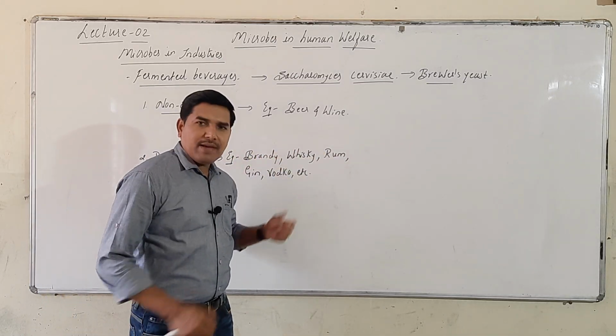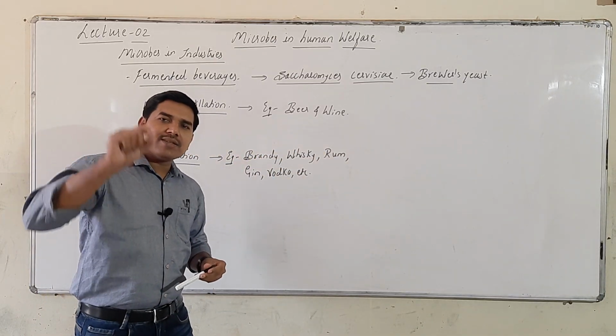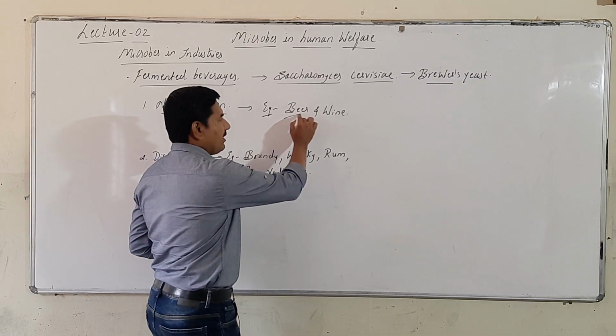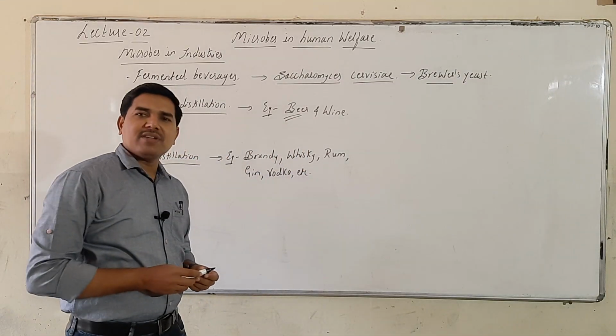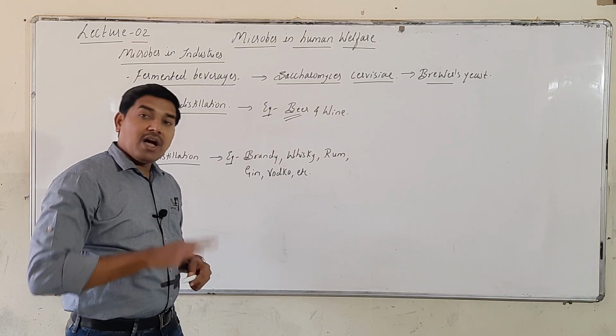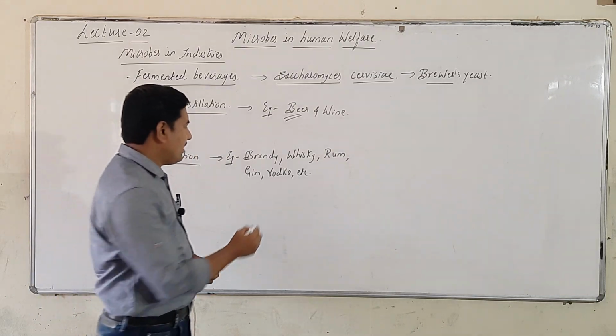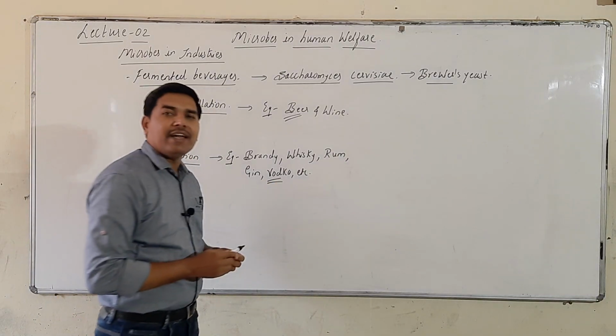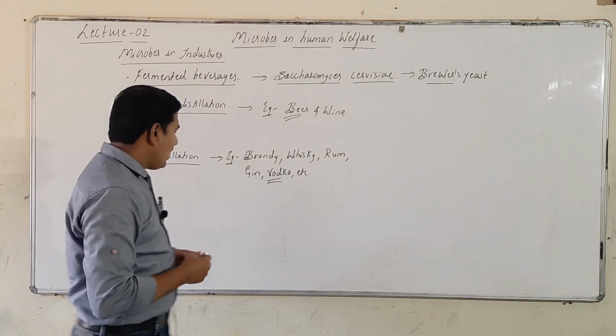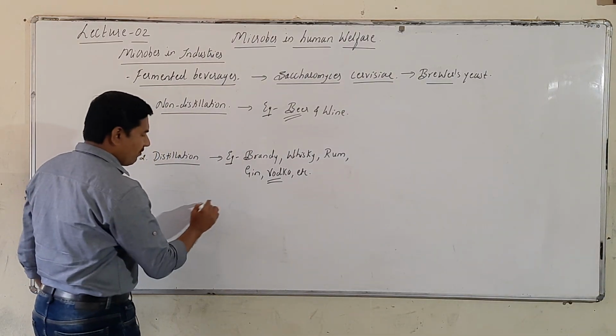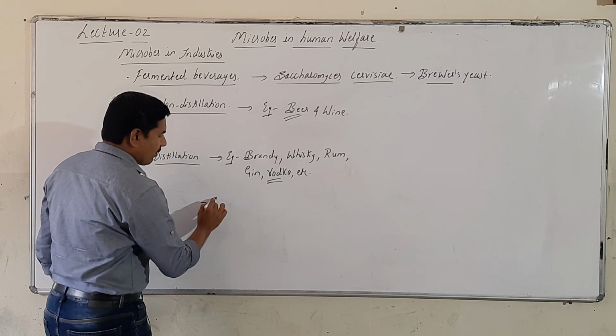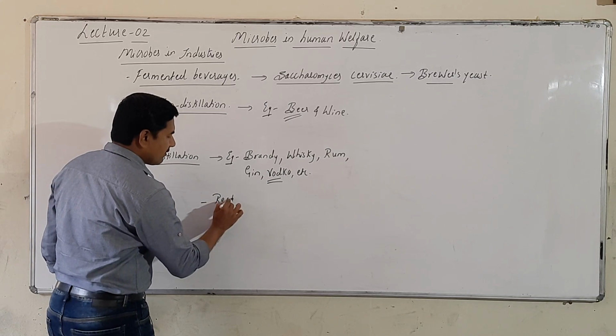Out of all the brands, the least alcohol concentration is present in beer, which measures around 5 to 7%. The highest alcohol percentage is in vodka, nearly around 80%. Apart from that, we have one more type of alcoholic product which we call rectified spirit.